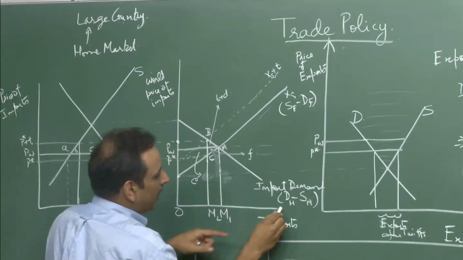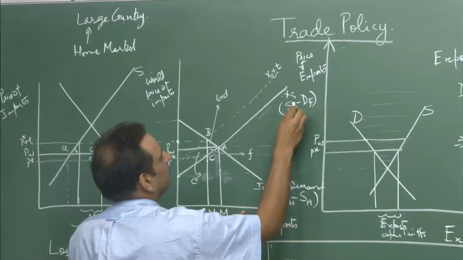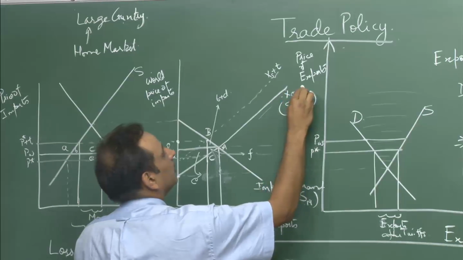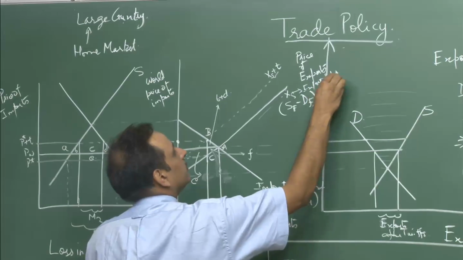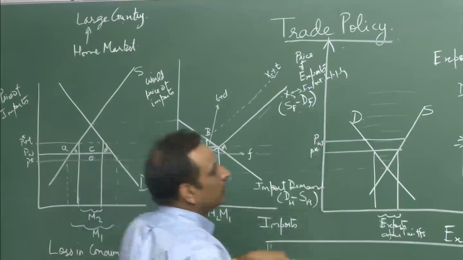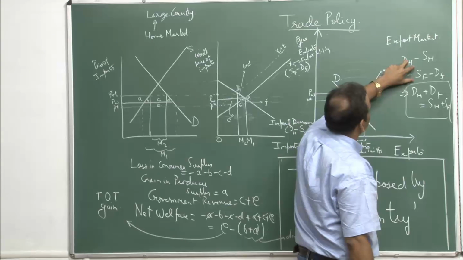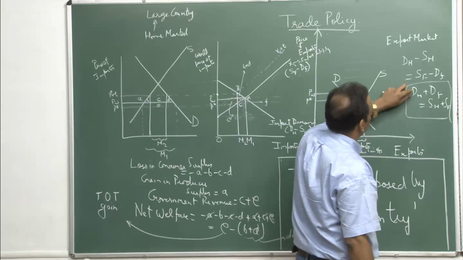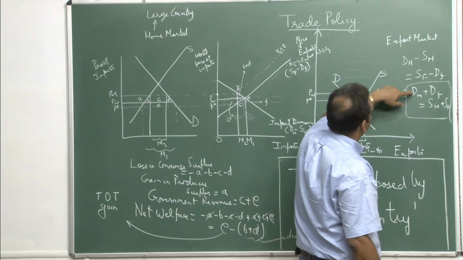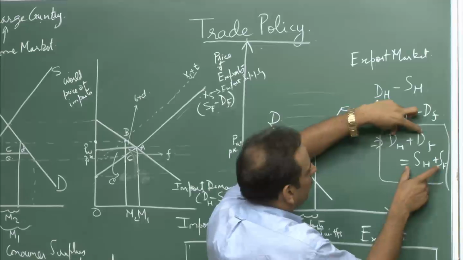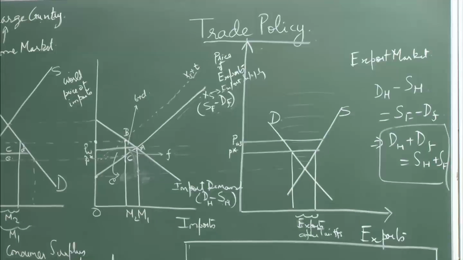So, import demand is DH minus SH, export supply is SF minus DF. So, wherever import demand is equal to the export supply, the prices which determine this, that is wherever world demand is equal to world supply, that will give you the world prices.